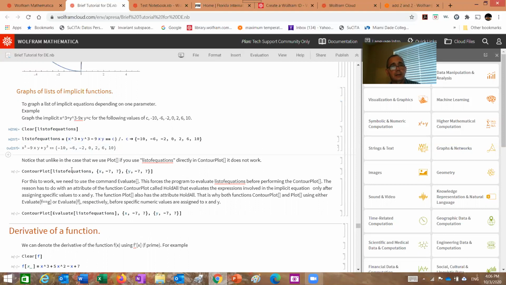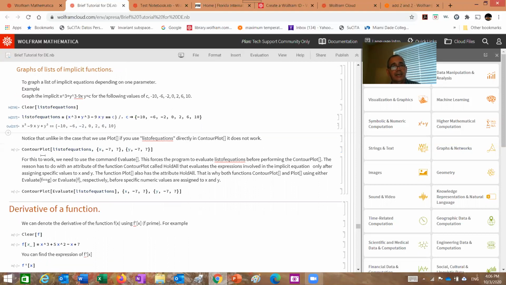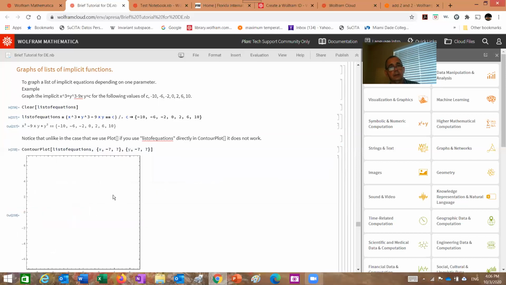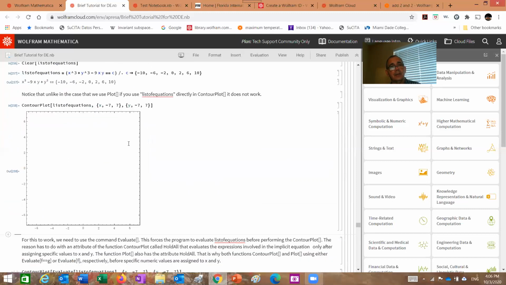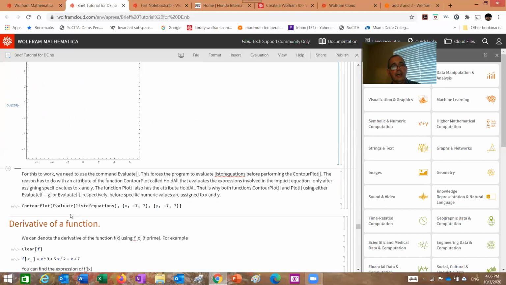Notice that if you enter this directly here in ContourPlot, then this is not going to work. You press shift enter, it doesn't produce anything. Why? Because sometimes for ContourPlot and sometimes for Plot also, we have to include a function here for this to work, which is Evaluate.